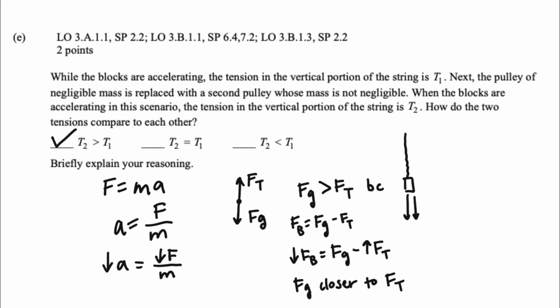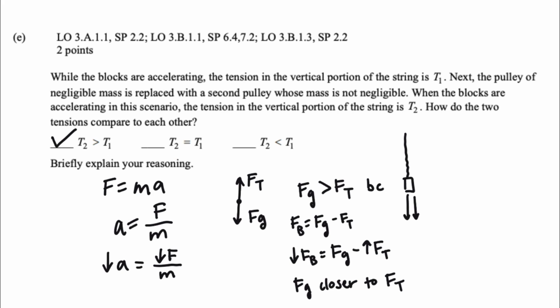And looking at the formula of force equals mass times acceleration, acceleration is directly related to the net force, so a smaller acceleration would also cause a smaller net force. And then the forces on block B are the force of gravity and the tension force. So the force of gravity is larger than the tension force, because otherwise the block would not move down.